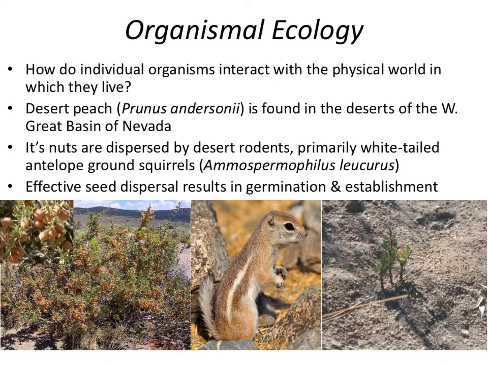Here's organismal ecology. This is an organism's interaction with its environment, of course. We're looking at an antelope ground squirrel right here. Ground squirrels typically have a diet of seeds and nuts and some insects, but mainly they are food hoarding animals.